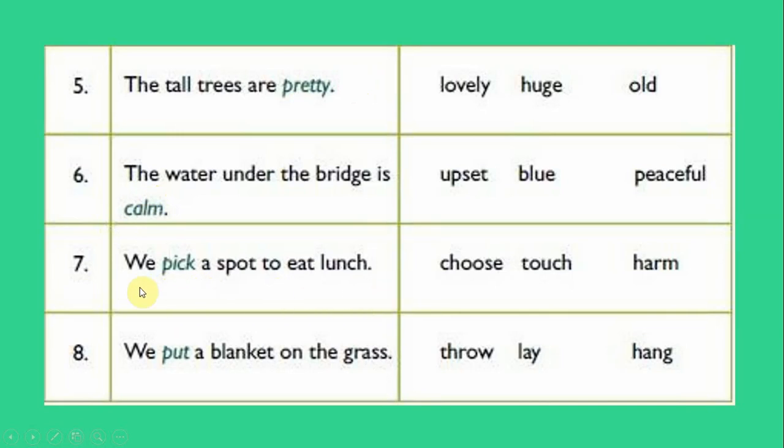What word can replace pick? And then number 8, we put a blanket on the grass. What word can be used to replace put? Now, once again, you may pause this video and choose the exact word to replace the green word.